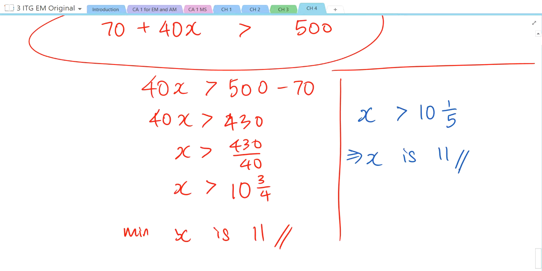But if you had done it this way on the board and you arrive at x equals to 10 and 1 over 5, some people will do this. They may be wrong. This is not a rounding question. This is a question that requires you to state, in this case, integers, whole numbers. That's our question, try it 10.